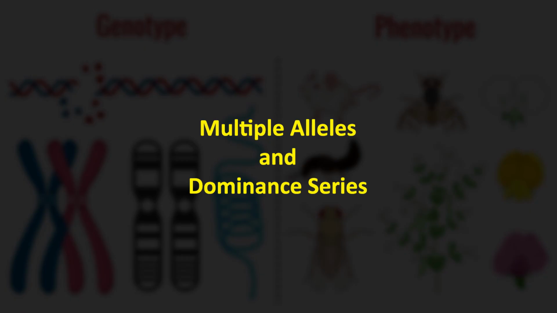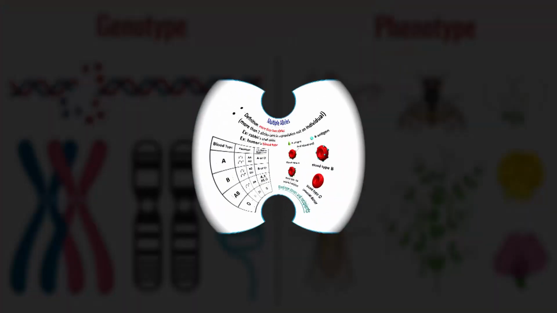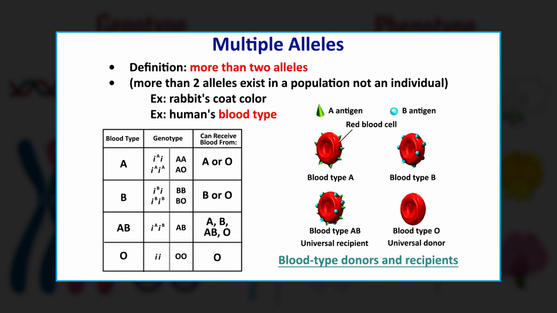Dear students, let's now discuss multiple alleles and the dominance series. Allelic dominance always depends on the relative influence of each allele for a specific phenotype. Under certain environmental conditions, multiple alleles exist at the population level, and an individual can have only 2 alleles for the given gene.